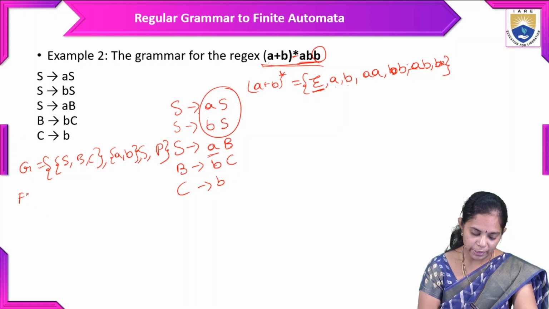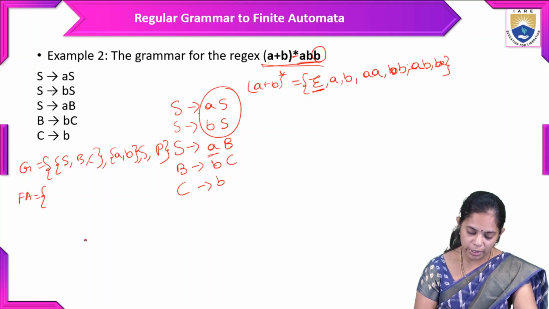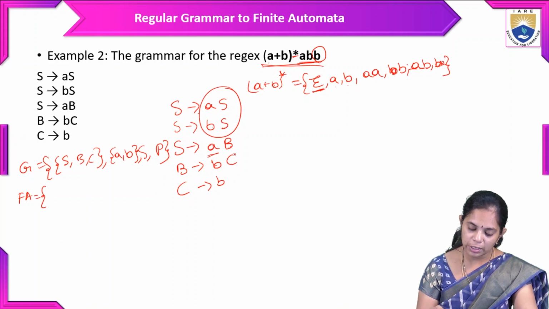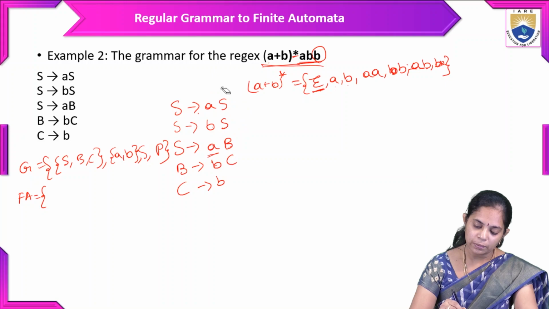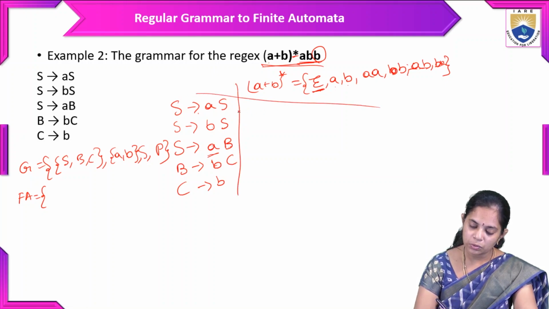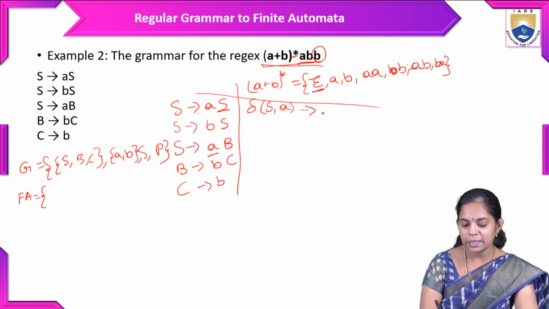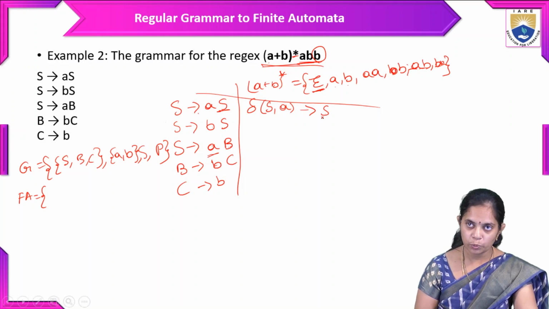And the finite automata we will write later. First we will convert this grammar, this production, into a transition. So here delta of S comma A input, it is reaching the state S. Parallelly we will construct the transition diagram.